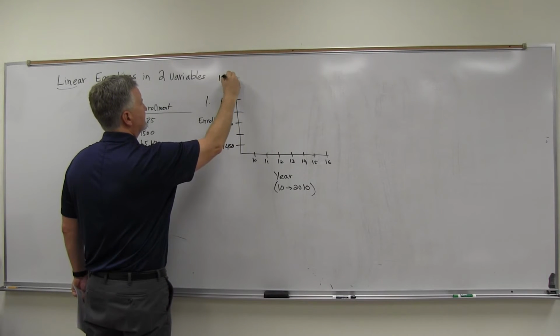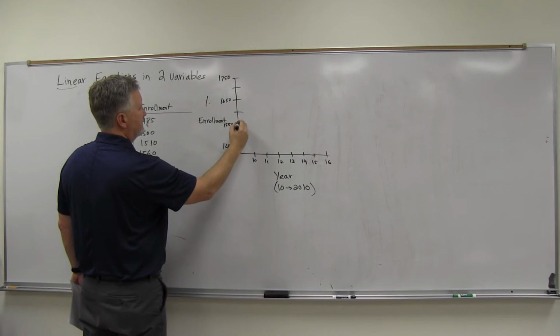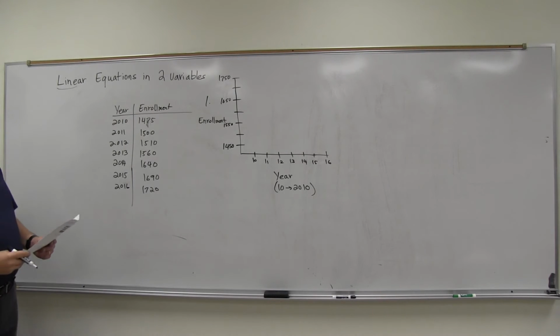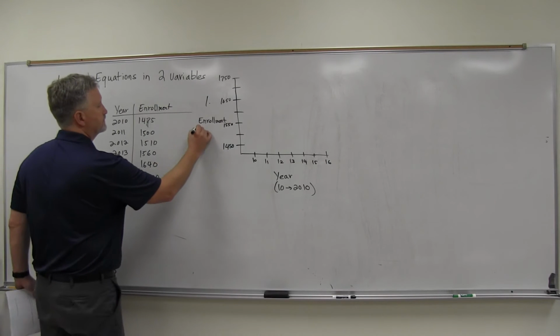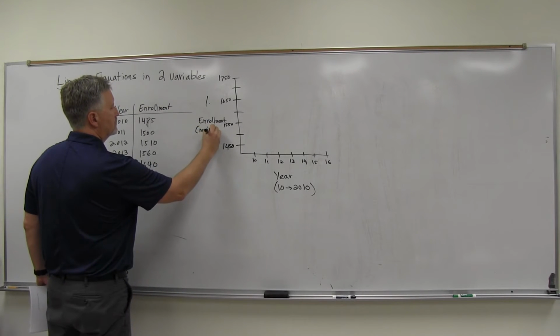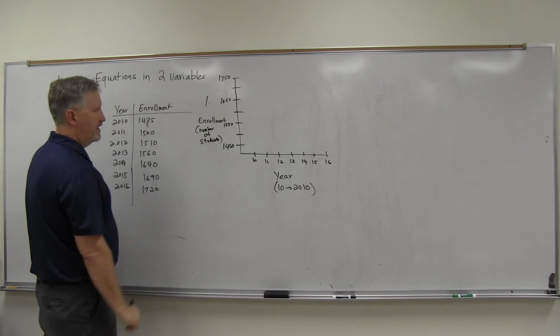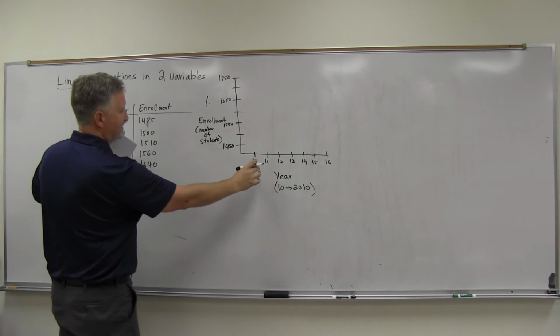One more. All right, 1400, 1500, 1550, 1600. Yours could look somewhat different, but scale it off where you put those numbers on there nicely. All right, so that's enrollment numbers, number of students, Lincoln University. So that's our scatter plot. Oh, didn't put in the numbers here.